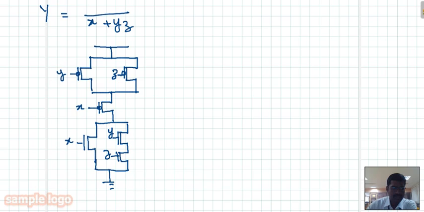Now to follow this Euler path, first you have to draw this graph for PMOS and here for NMOS.